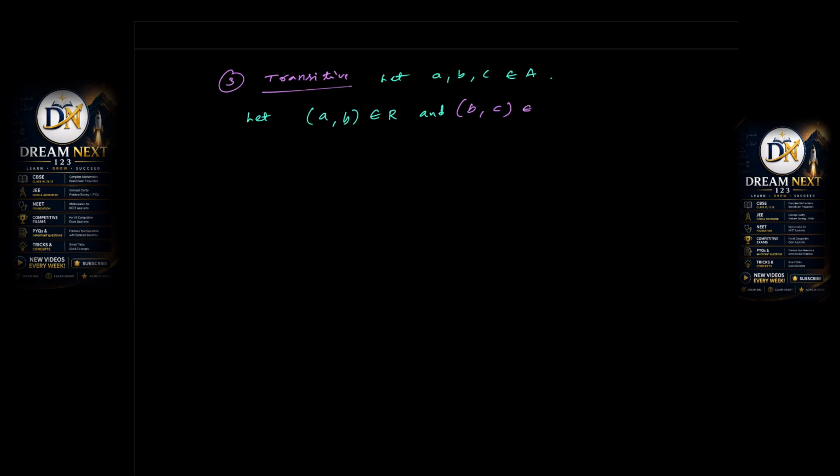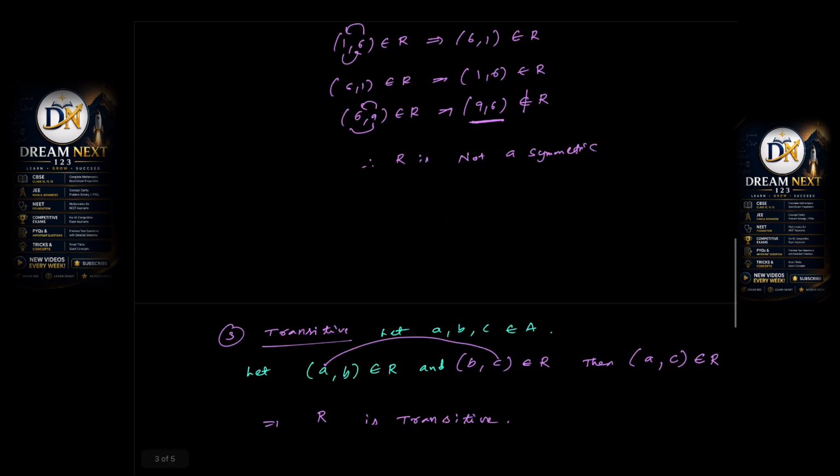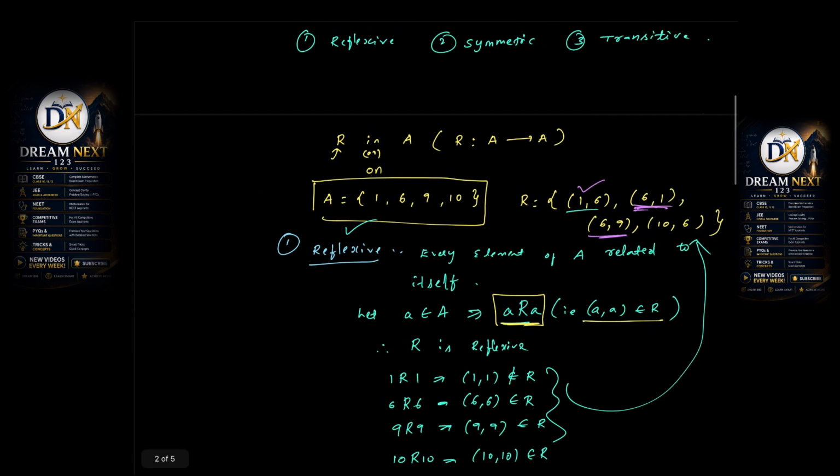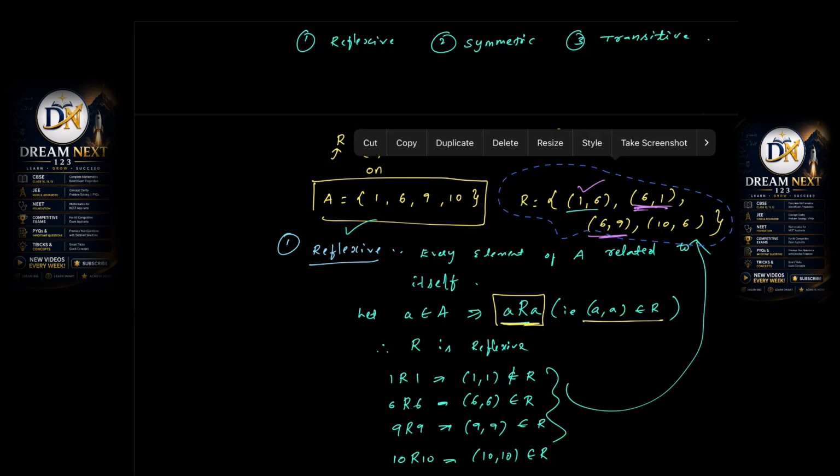This also belongs to the relation. Then definitely, if you form a pair from the first and last, (a, c), this must also belong to the relation. If it satisfies this condition, then R is transitive. Otherwise, the given relation is not transitive. Come to this example. This is the relation. I will copy this.